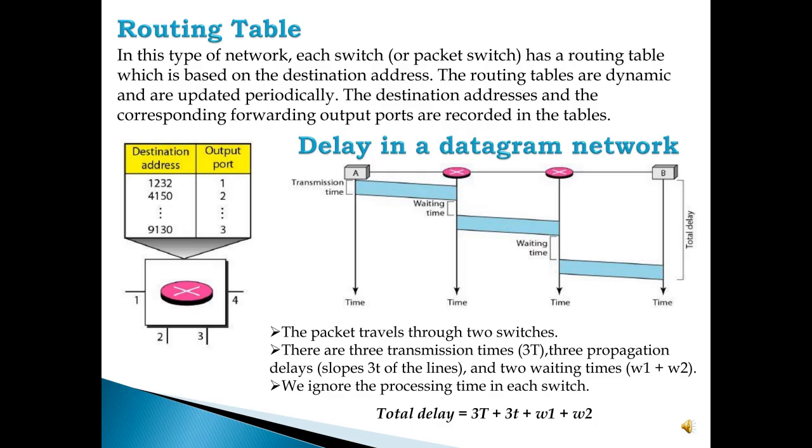Based upon that, the destination address gets identified, that this particular message belongs to which receiver, and the output port sends those packets of data to the receiver's end, so that the receiver gets the same message as the message sent by the sender.